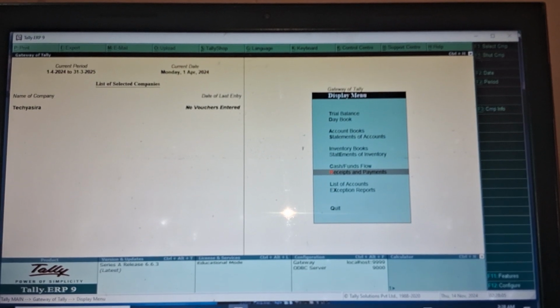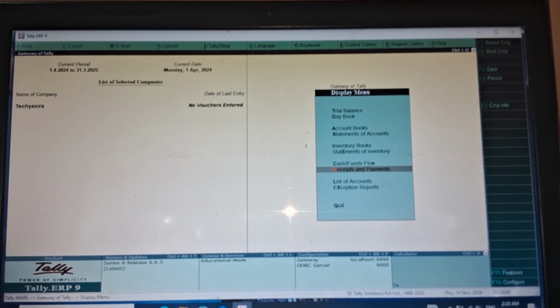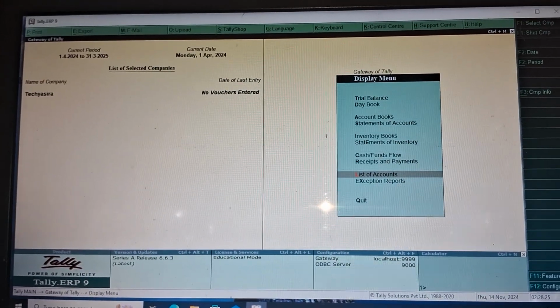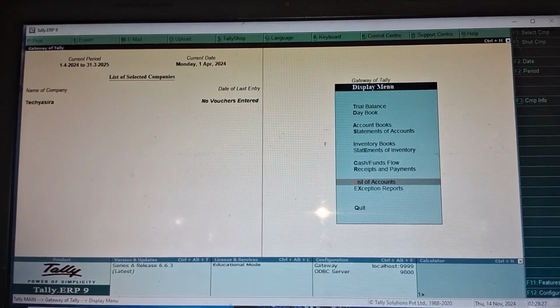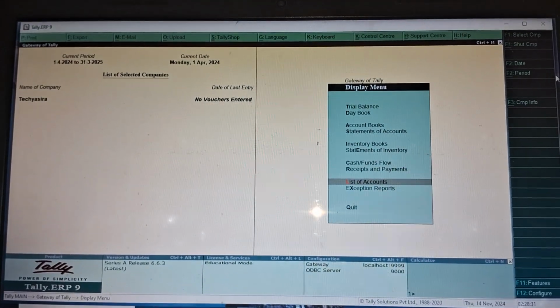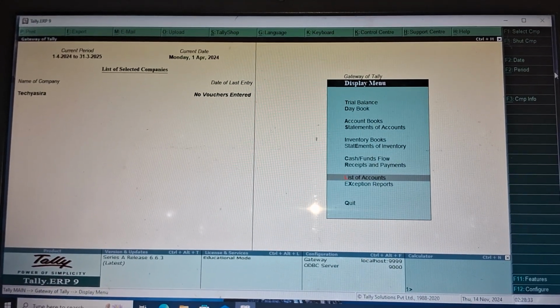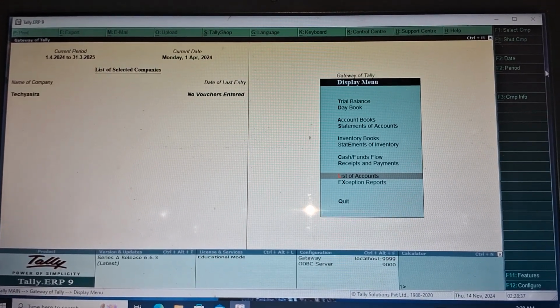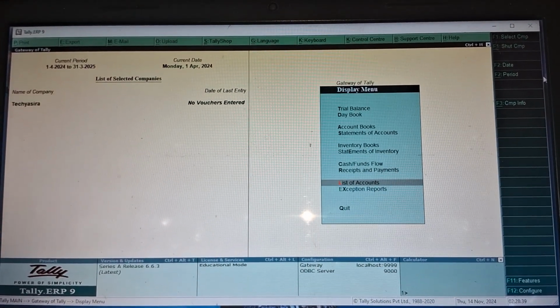Let's come to the next one, that is list of accounts. Basically, in list of accounts we make the list of all the accounts. For example, the balance sheet is a report that lists all of a company's accounts and their balances.